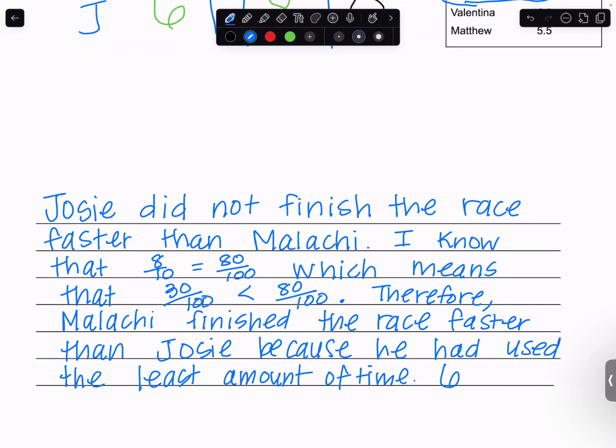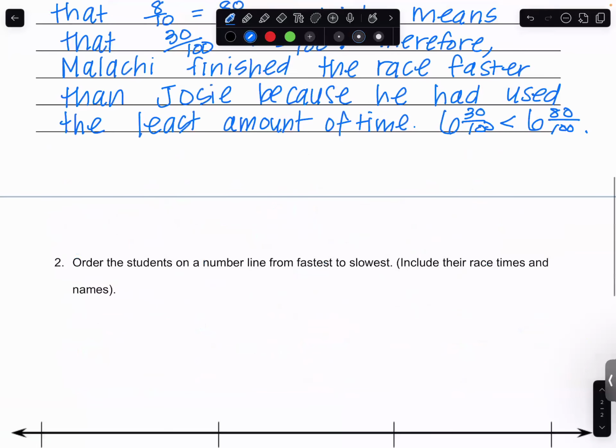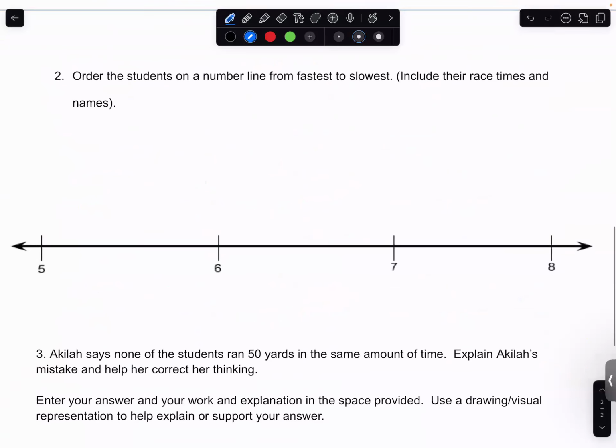Because we know that 6 and 30 hundredths is less than 6 and 80 hundredths. All right. Let's go ahead and move on to the next question.